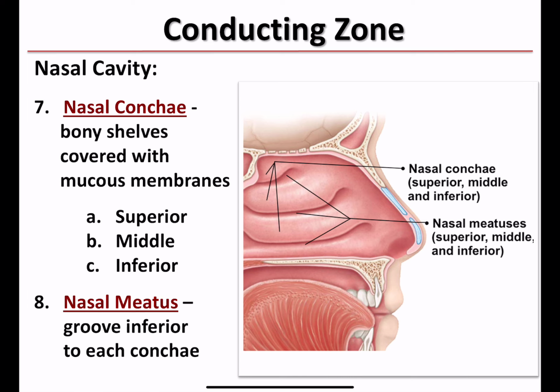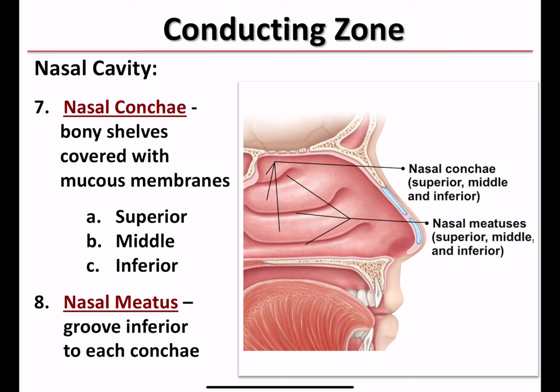The inferior set are known as the inferior conchae, or rather, I'm sorry, American pronunciation is "konkey," even though it looks like it may be pronounced differently. Remember that they are reinforced by bones, also known as the inferior nasal conchae, which are in fact their own bones. Then you have the middle nasal conchae, and then finally the superior nasal conchae, which are so small and slight that you really can't appreciate them.